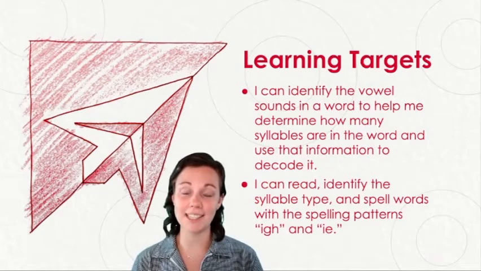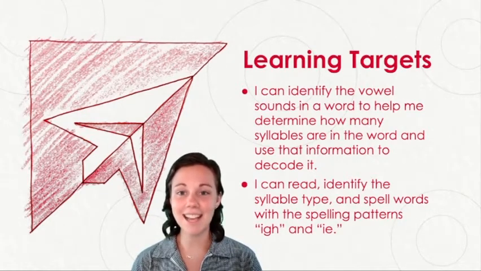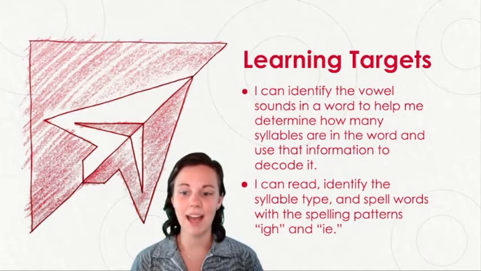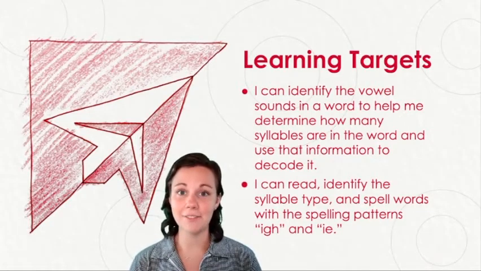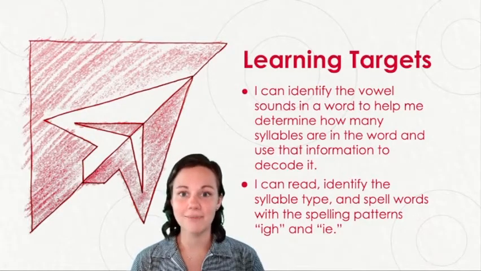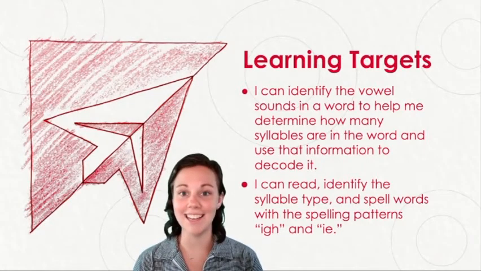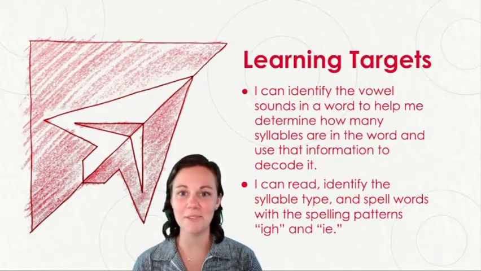We've been doing that same thing for the past few cycles. The second learning target says, I can read, identify the syllable type, and spell words with the spelling pattern IGH and IE. Those are our two new spelling patterns that we'll be working on in Cycle 4. I can't wait to see you make progress with them.